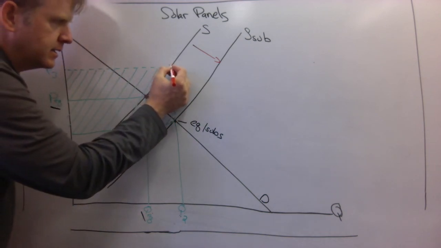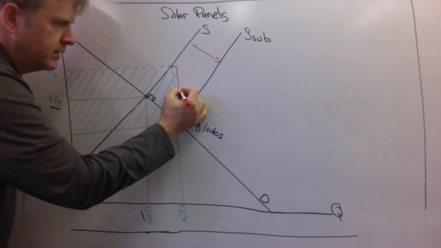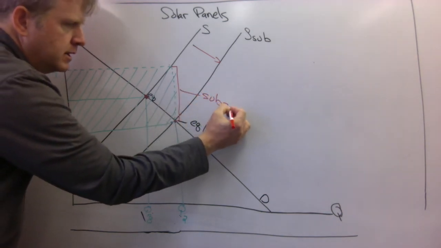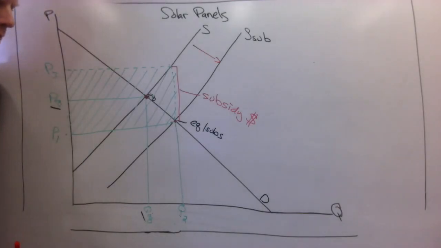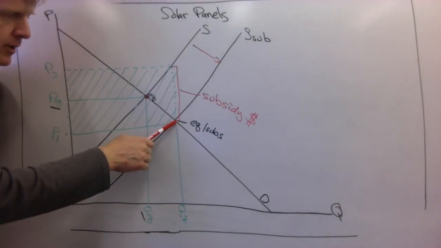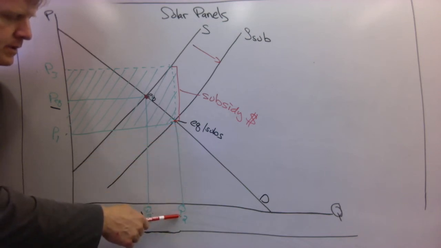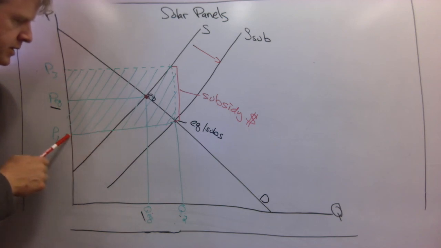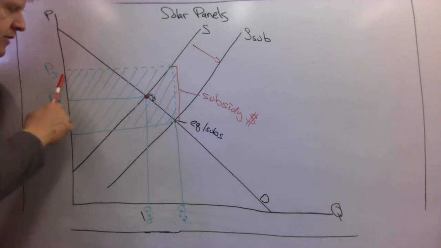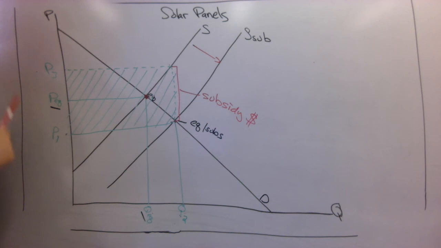This distance here is equal to the amount of the subsidy. Now that we have a new equilibrium at Q2, we see that the producer gets P1 from the consumer, but also gets the subsidy from the government, effectively receiving a price of P3.